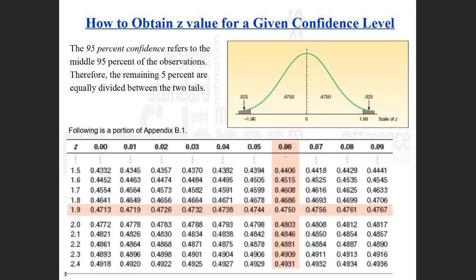It's a bell curve. 47.5% on one side, 47.5% on the other side. And because you're looking at 95%, the remaining percent are equally divided between the two tails. So if you get a Z score of 1.9, all right, and you're looking at 0.06 confidence level, there's the 47.50. There you go.